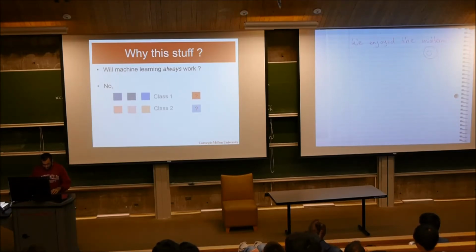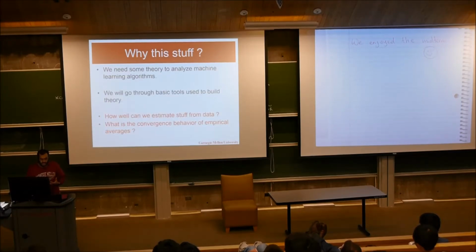So far we've been using our intuition to understand why algorithms work. But it seems that we need some theory to analyze machine learning algorithms in a rigorous manner. So what we are going to do in this recitation is go through the basic tools used to build this theory.